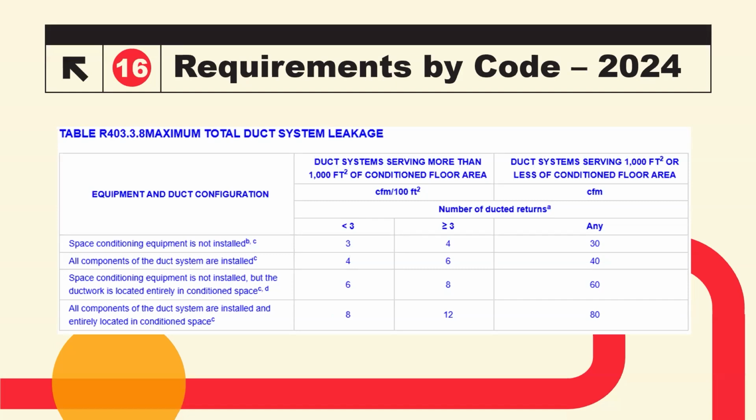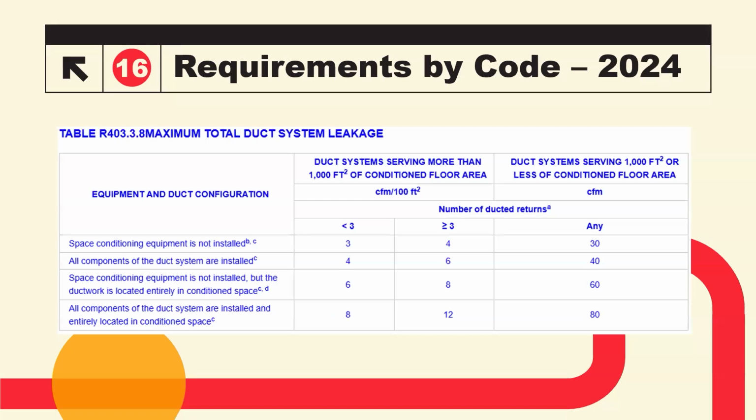If you have 3 or more, you now have a different target. So it's gotten complicated, let's just put it that way. It's no longer solely based on square footage. It used to be just 4 CFM per 100 square feet of the home. And now we've got smaller homes, and it's harder to get ducts to pass on very small houses. So, as you see on the far right, if it's 1,000 square feet or less, then we have a top-out on the allowance.